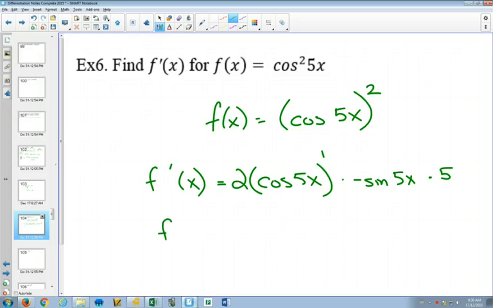So in the end, we could write this as negative 10 cos 5x sine 5x. And if you wanted to play around with the identity, you could rearrange this further as well.